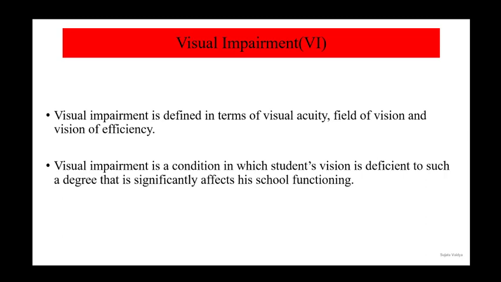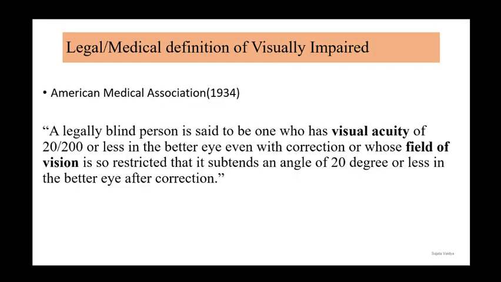Visual impairment is defined in terms of visual acuity, field of vision and visual efficiency. It is a condition in which the student's vision is deficient to such a degree that it significantly affects his school functioning.